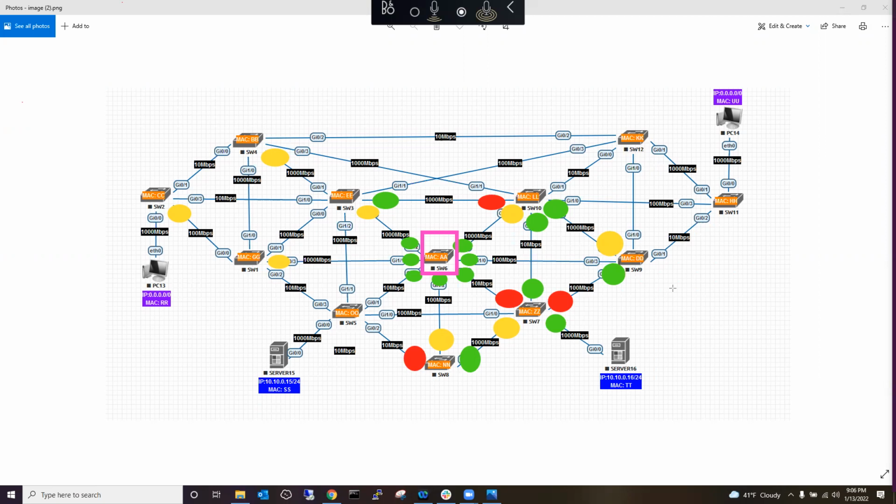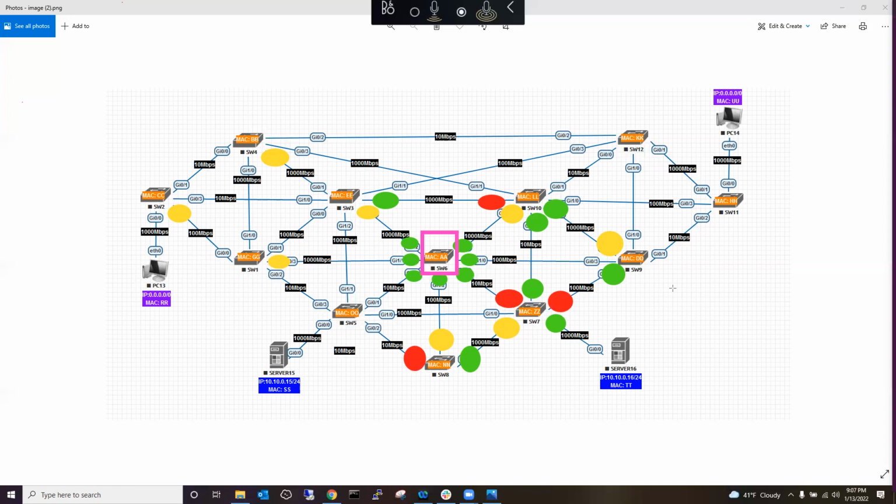The cost between switch 7 and switch 8 is 4, and then to the root, switch 6, is 19. So that's a total of 23 against 8. With switch 9 having the best, the port on switch 7 should be blocking.